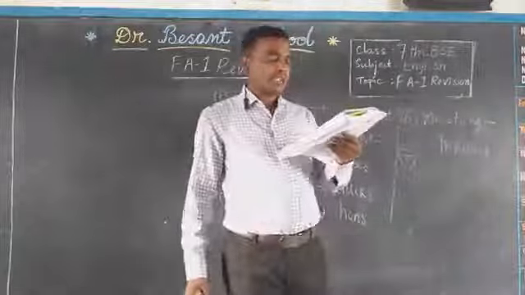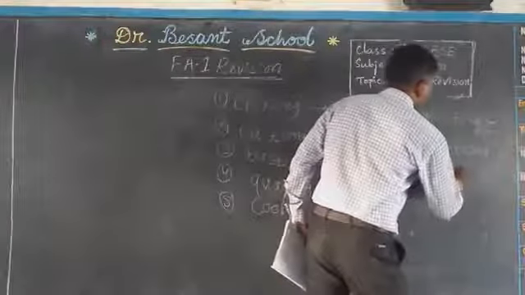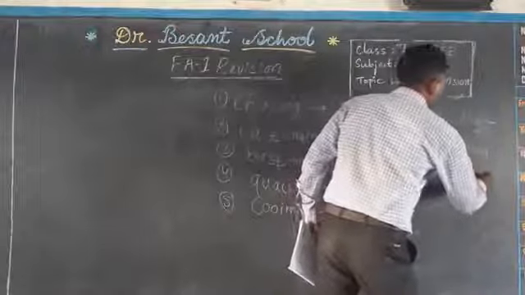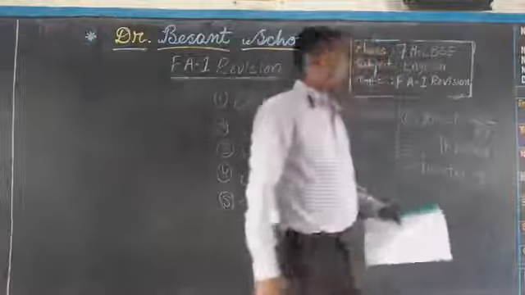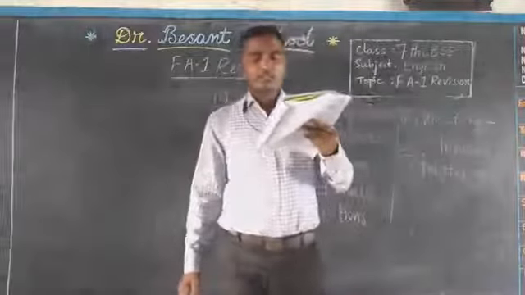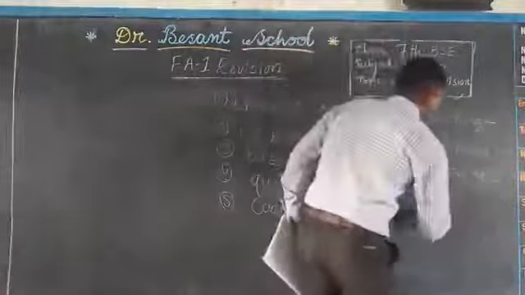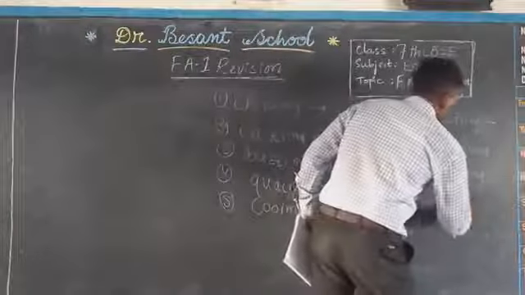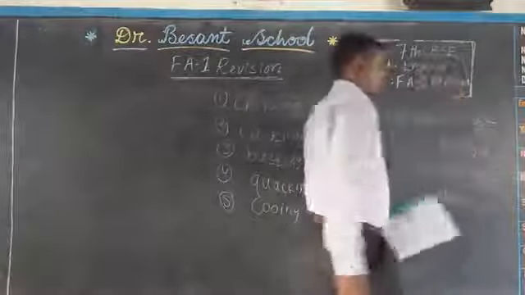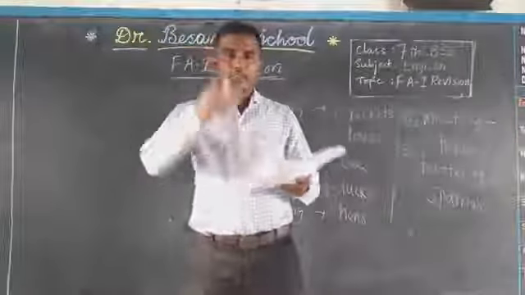Last one, twittering. Can you name the bird which makes the sounds like twittering? Here also options: hens, sparrows, ducks. The correct answer is sparrows. Right children? So from this page surely you can get 2-3 marks.